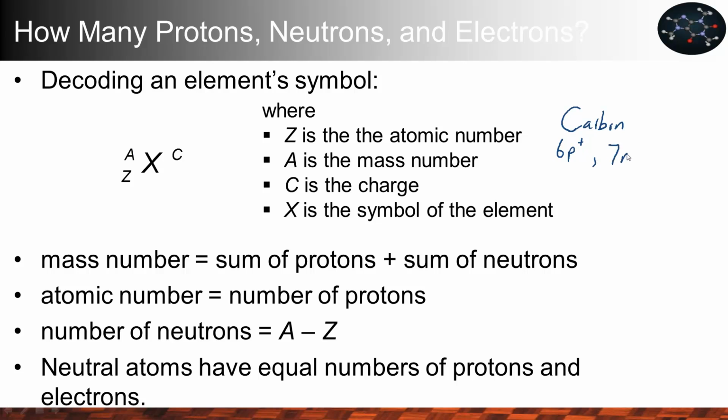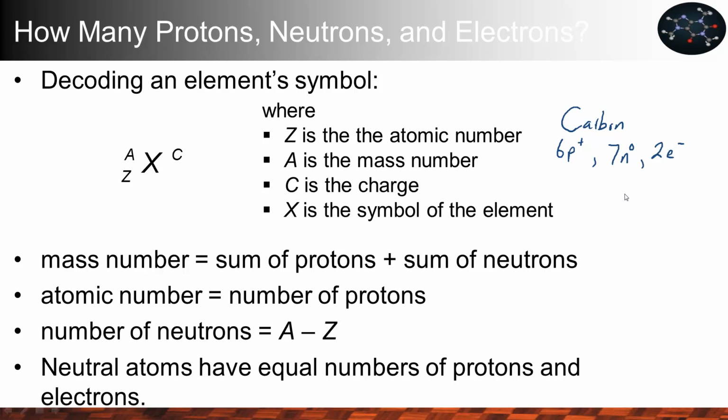We'll say it has 7 neutrons. Good. And we'll say it only has 2 electrons. So we're switching it up a little bit here, right?